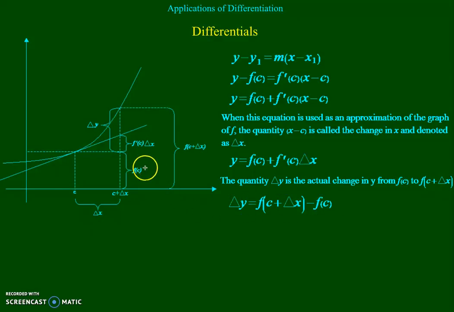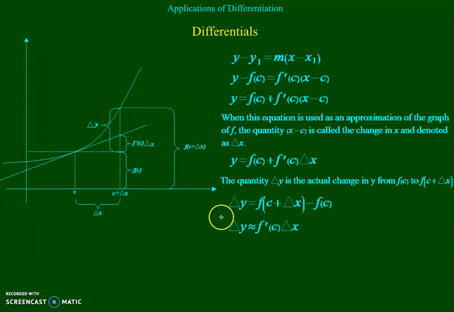The whole idea of differentials is wrapped up in the idea that this actual change in y from here to here can be approximated by this change in y on the tangent line approximation when this delta x value is arbitrarily small.